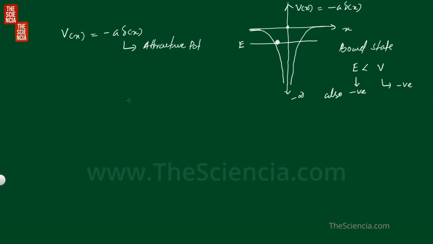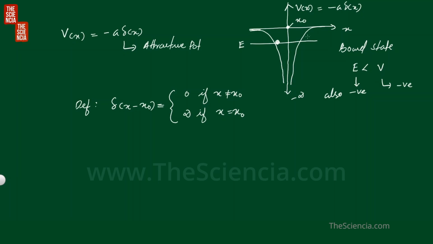And we know the definition of the Dirac delta function, that is, delta of x minus x0 is equal to 0 if x is not equal to x0 and it is equal to infinity if x equals x0. That is, this point is x0.